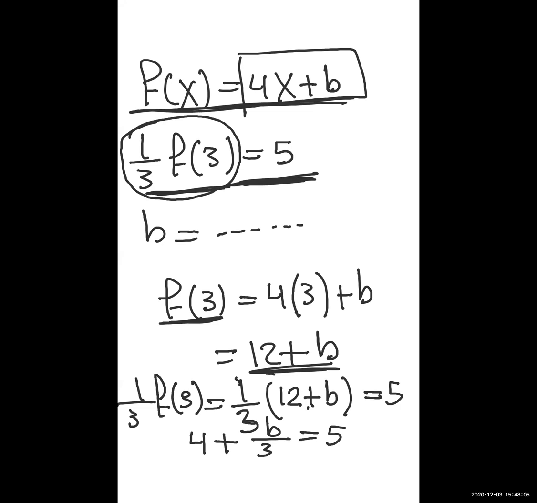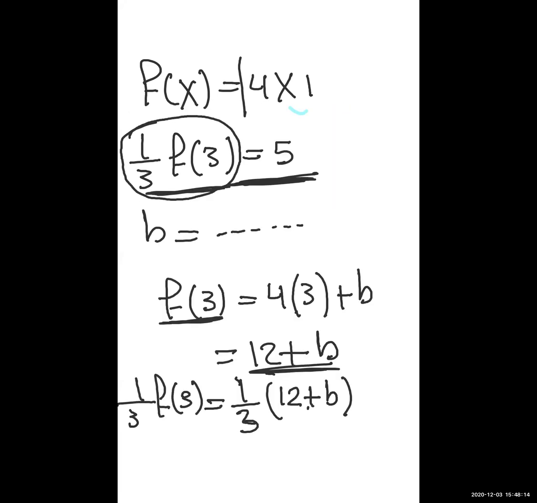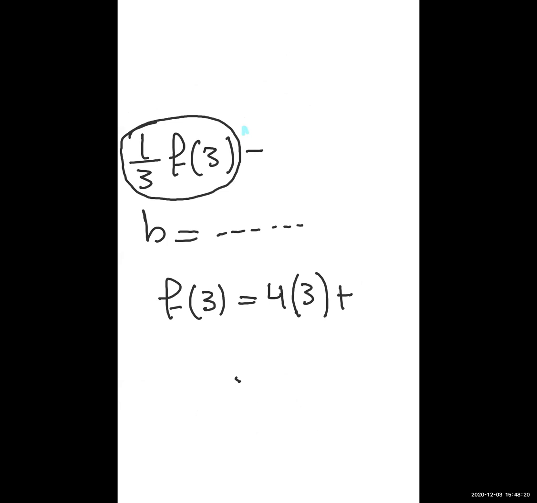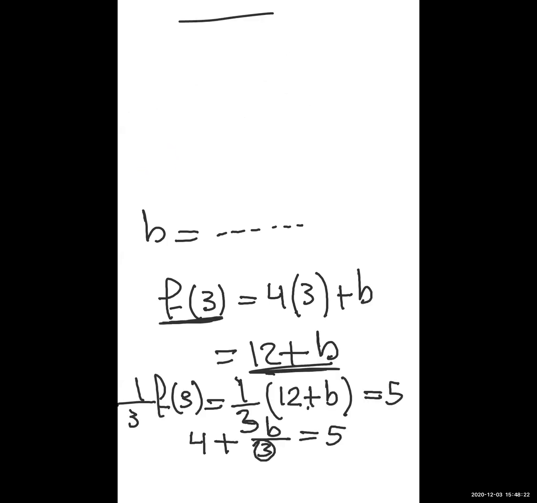There is 3 here in the denominator, guys. So let me clear this one first on the top so that I can continue. So 4 plus b/3 will equal 5.